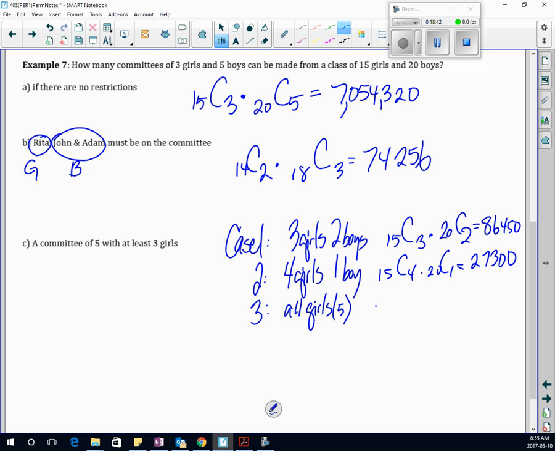And then this would be 15 choose 5. $3,000. And what do we do with cases? Add them all up. $116,753. Anybody else get that?